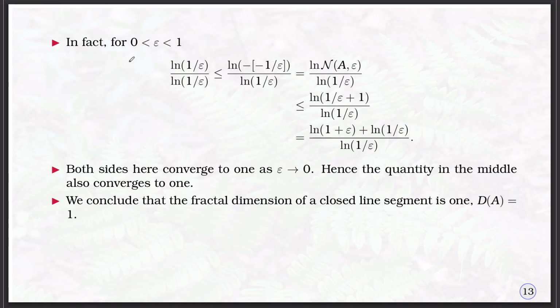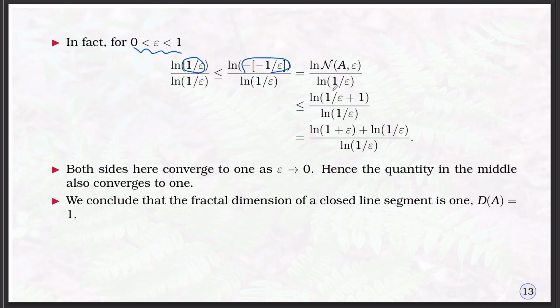In fact, if you are taking epsilon between 0 and 1, then ln of 1 by epsilon is less than or equal to this quantity. Using this, this is nothing but the number of boxes required to cover A with radius epsilon in the Manhattan metric.